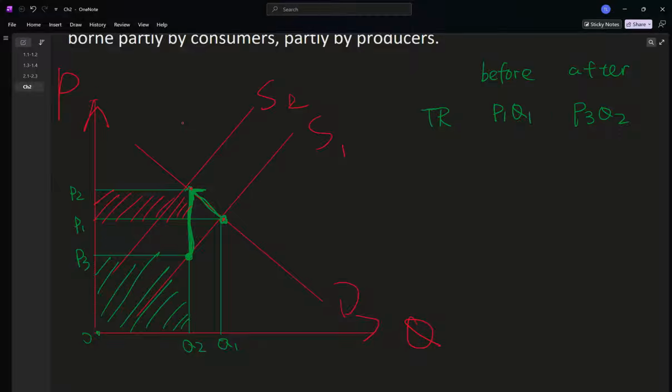Like this part is actually borne by consumers. And what about this kind of thing? This part is borne by consumers, and this part is actually by producer.